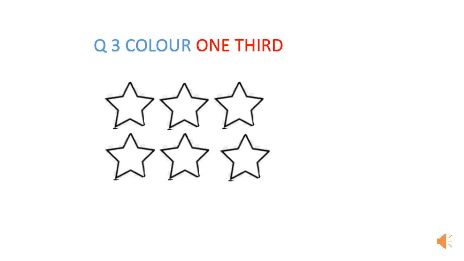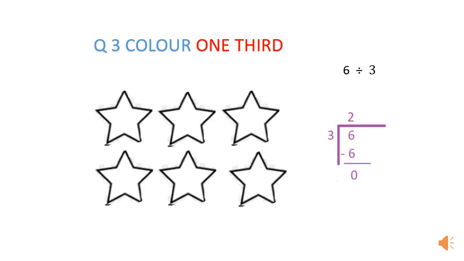Now see this question, color one third. So now I will count the number in the figure. How many are they altogether? 3 in the first row and 3 in the second row. So 3 twos are 6 in all. It means now I have to divide 6 by 3. Why have I divided by 3?